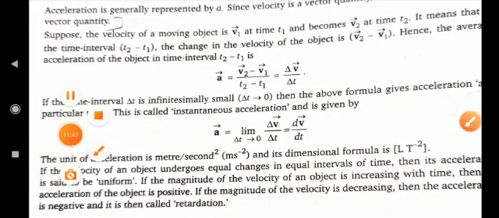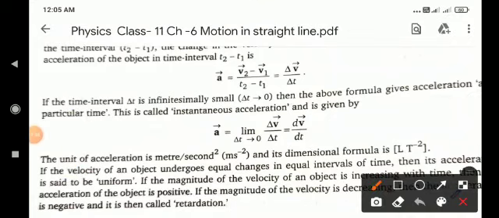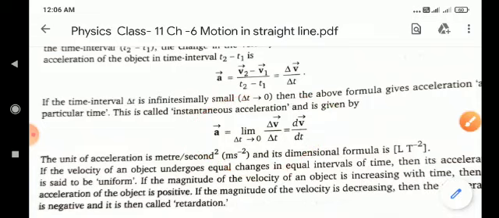Similarly, for instantaneous acceleration, a equals the limit of delta t tends to 0 of delta v upon delta t, which is equal to dv upon dt, right?